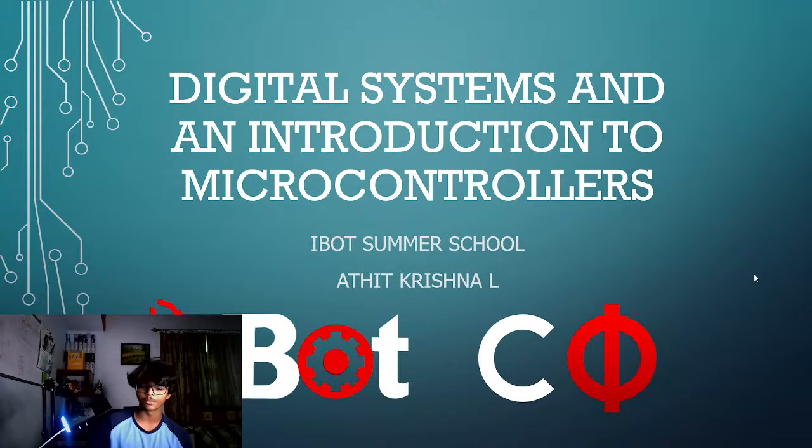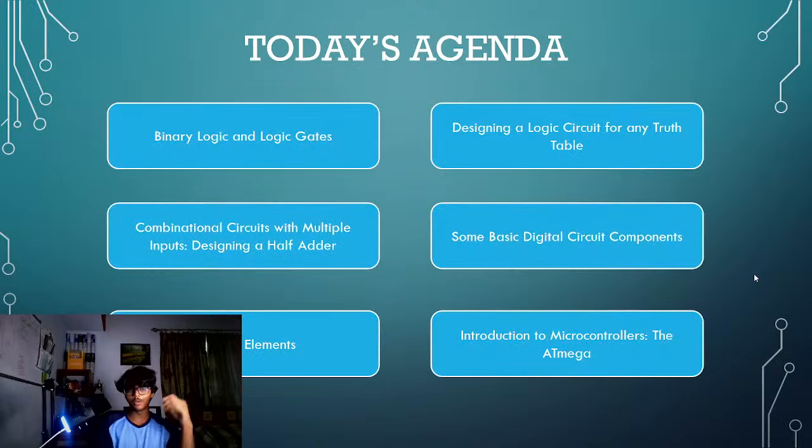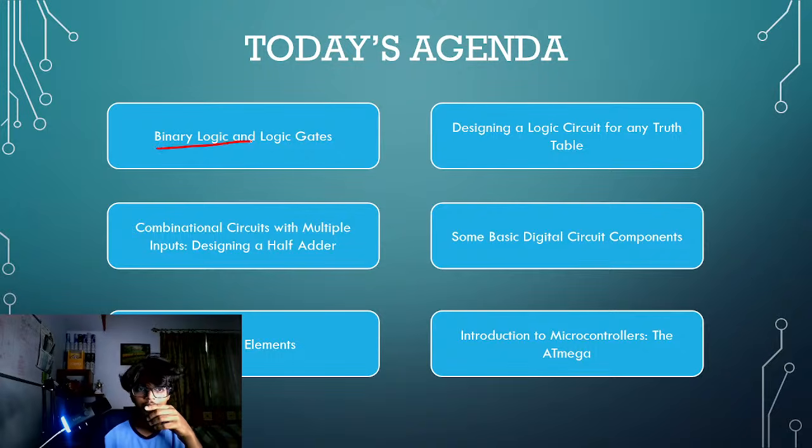Cool. Okay. Now, a brief overview of what we're going to cover today. First of all, we're going to look at binary logic and logic gates, which I'm pretty sure most of you know. Even if you don't, it's fine. I'm going to start from absolute scratch. This entire session, if you know nothing in general, you're going to get everything by then.